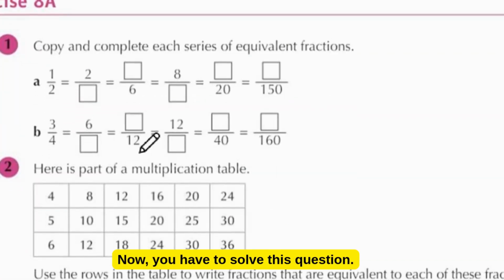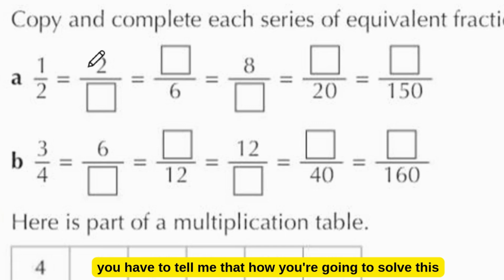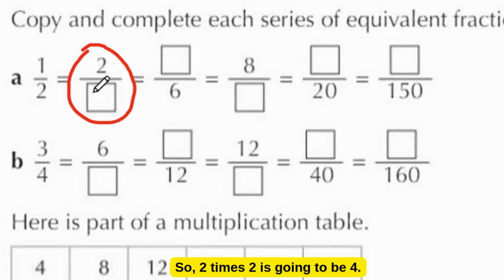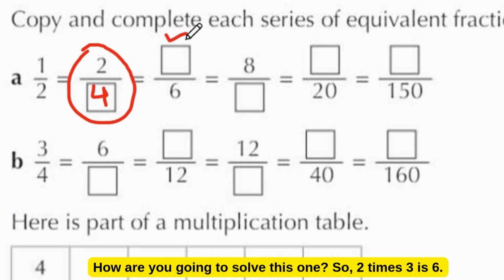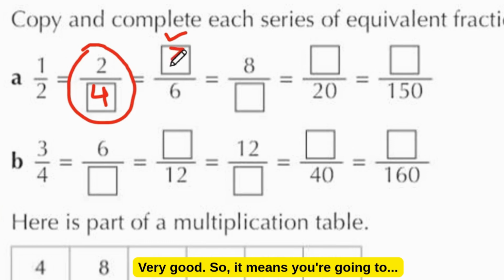Now you have to solve this question. Tell me how you're gonna solve this one. So 1 times 2 is 2, so 2 times 2 is going to be 4. And how are you gonna solve this one? 2 times 3 is 6, so 1 times 3 is going to be 3. Very good.